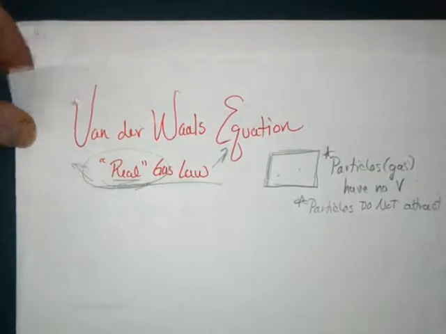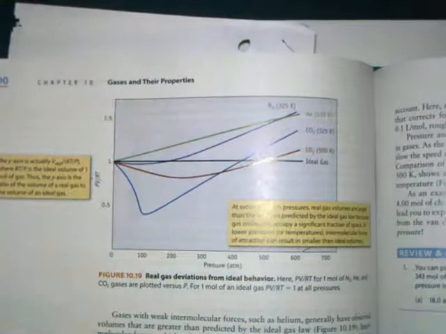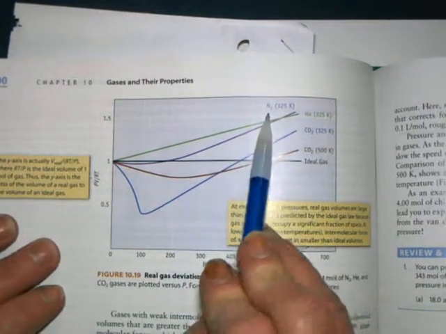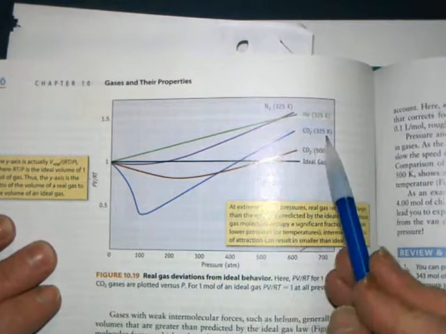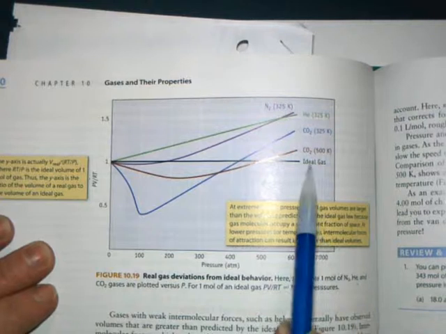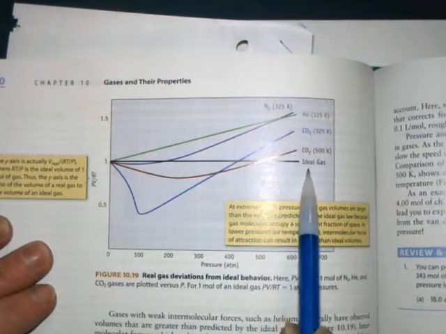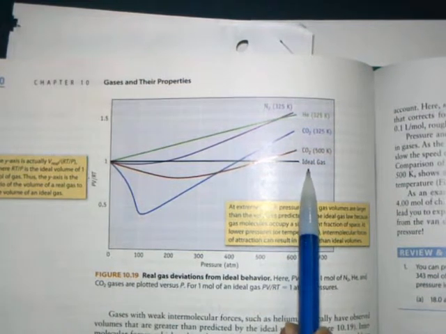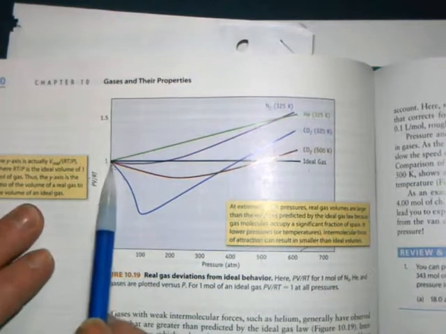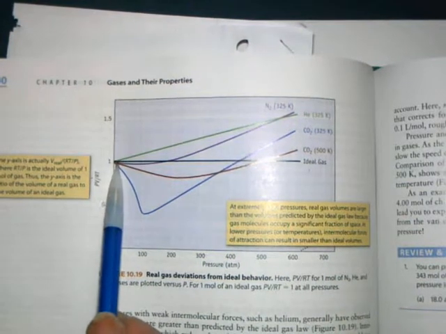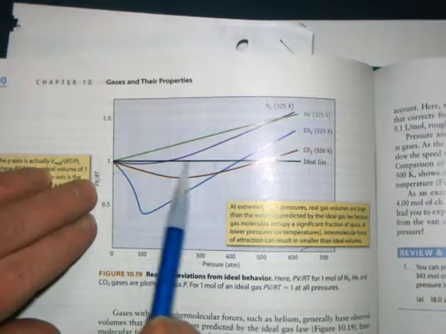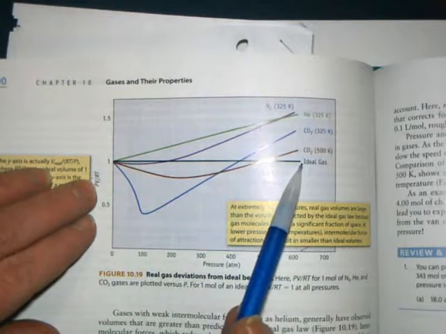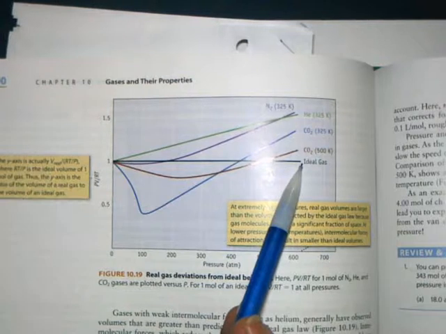So, when we take a look at real gases, like nitrogen, like helium, like carbon dioxide. Now, if we have 1 mole of gas, and we take pressure times volume divided by R times temperature. Well, if we have 1 mole of an ideal gas, the pressure, volume, and temperature always yield the value of 1 for PV equals nRT.